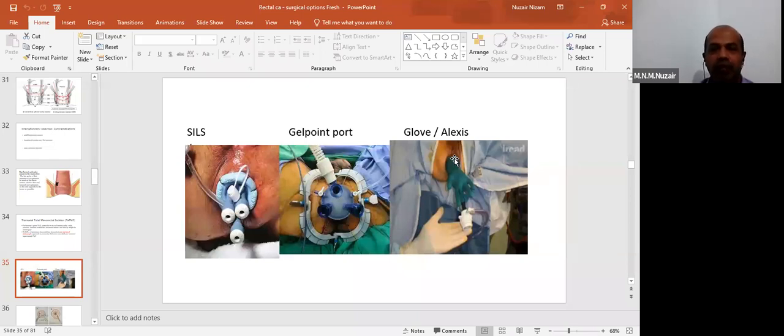You know, Alexis port where we used to remove the specimen from the abdomen after laparoscopic surgery, and then tie a glove to it, and then put the scope and the instruments and the insufflator through these fingers of the gloves.